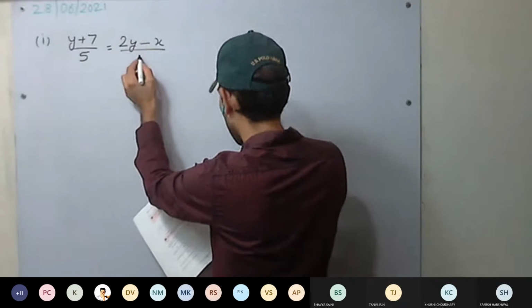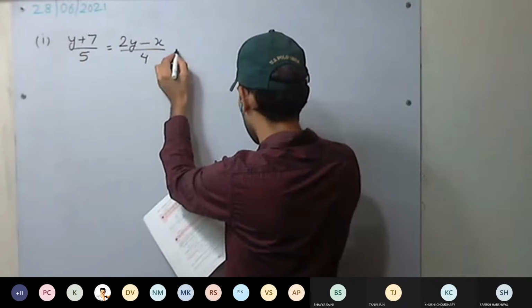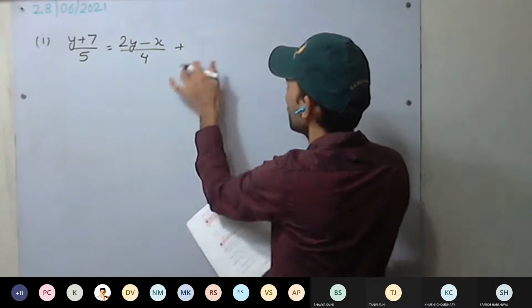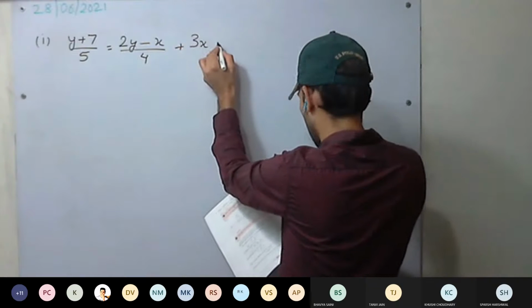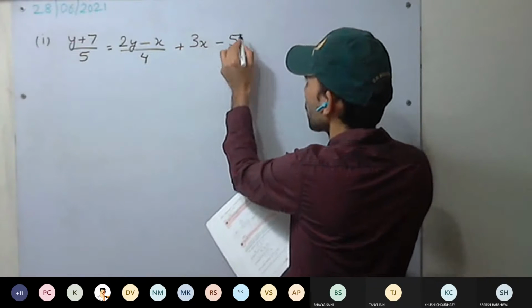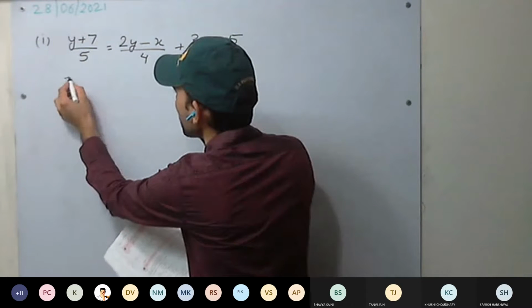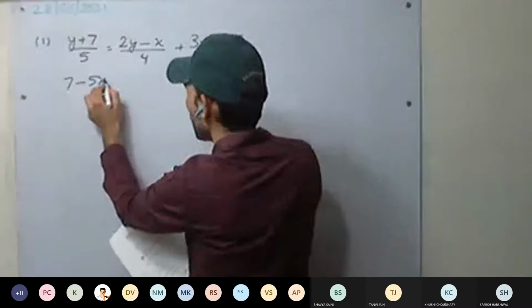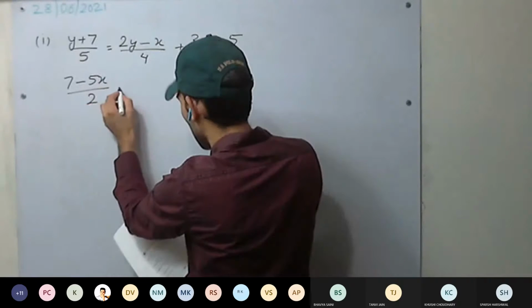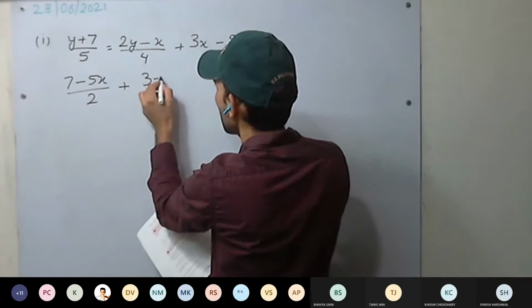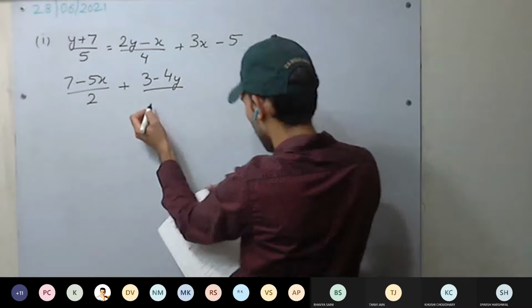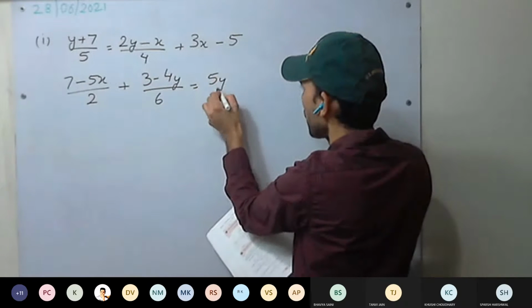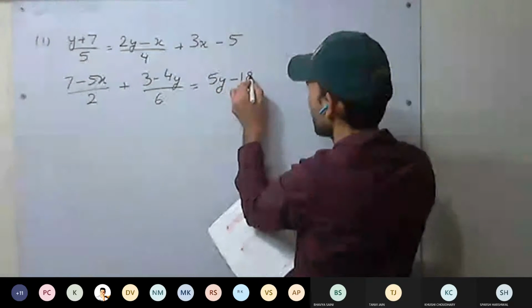Minus x divided by 4 plus 3x minus 5. Second equation is 7 minus 5x divided by 2 plus 3 minus 4y divided by 6 equal to 5y minus 18.